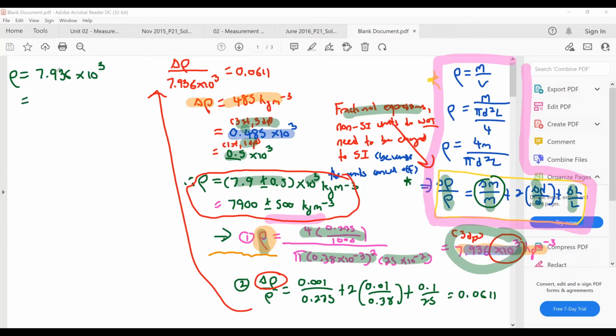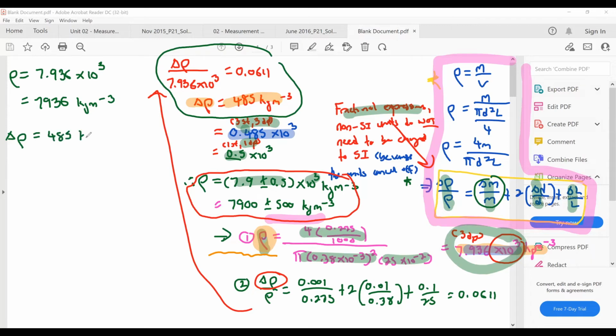If I put the 10 power 3 inside the expression, it will just be 7,936 kg per meter cube. Then this one, I found that the uncertainty of the density was 485 kg per meter cube.